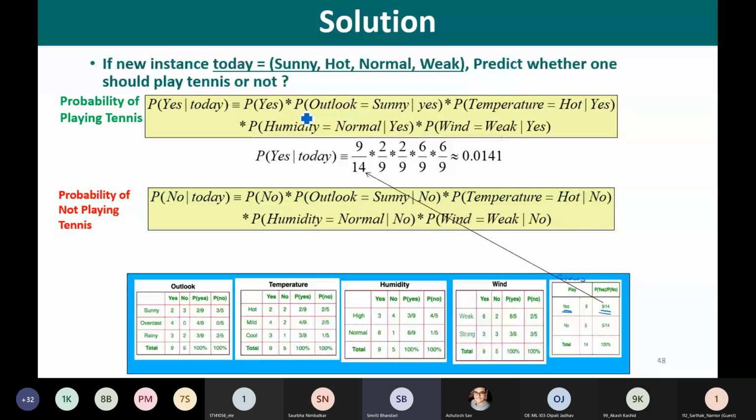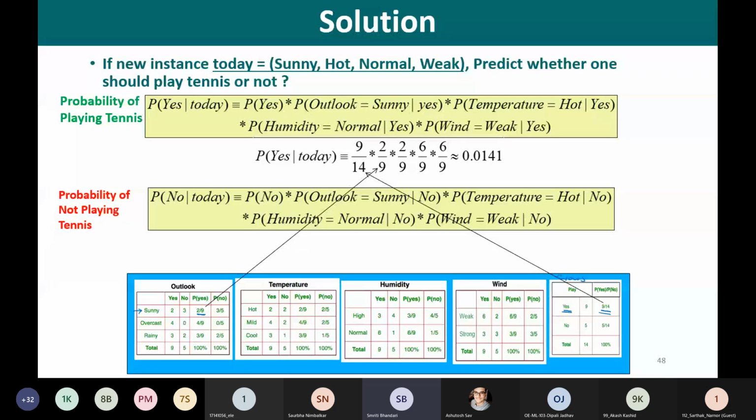Now, what next? The probability of outlook equal to sunny given yes. We are referring to this particular attribute, outlook, so for outlook equal to sunny we need to refer to this row, given yes. What is the value? 2 divided by 9. We have that value substituted here.